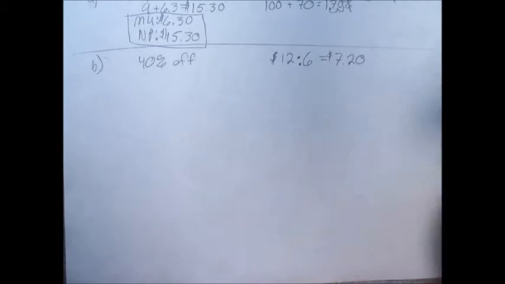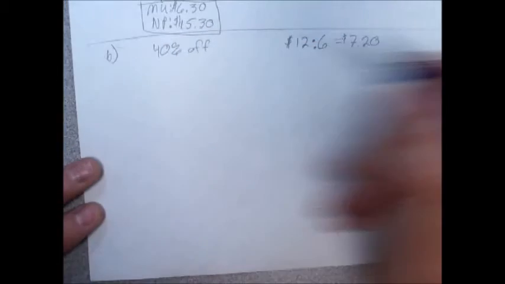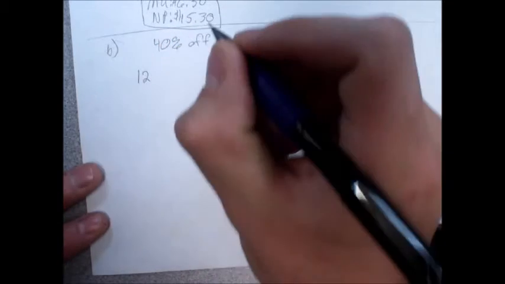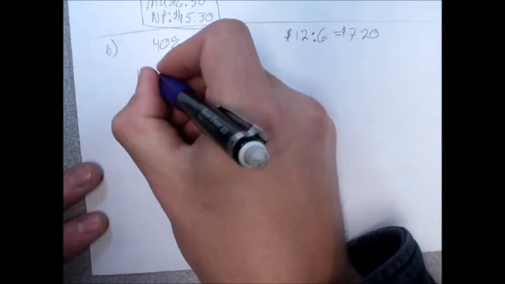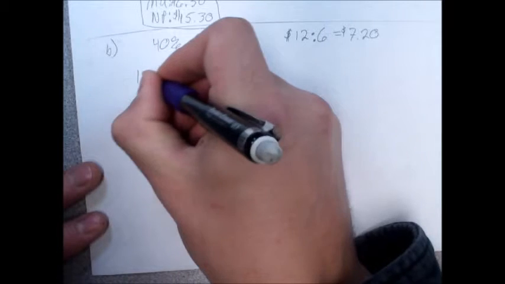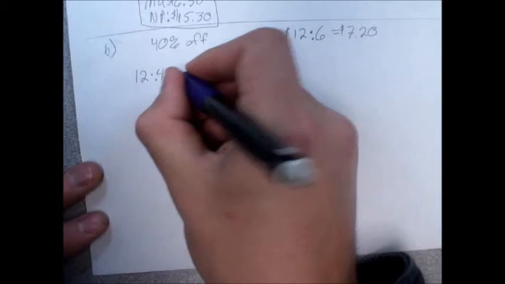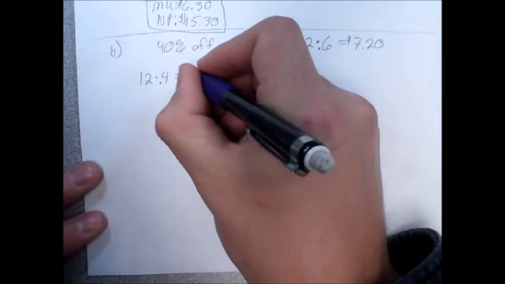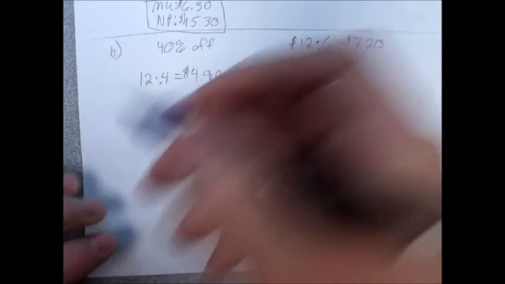Okay, now here's the way that y'all have learned to do it, and of course most of you are comfortable this way, and you can continue doing it this way. So if I have $12 for the original cost, I need to find what 40% is. So I multiply it by the 40%. When I multiply this by 40%, I get $4.80. I take that amount, and I'm going to subtract it from my original.